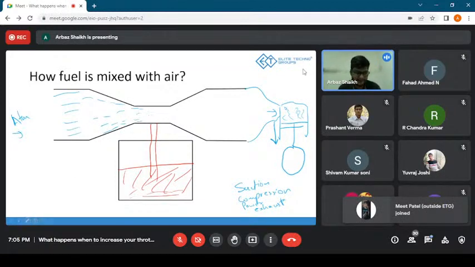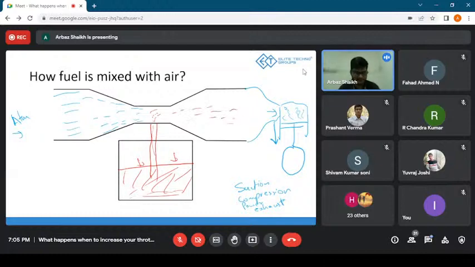Because the pressure is decreasing, the atmosphere will press down on the fuel and it would rise up over here, and you'll find some molecules of fuel coming out like this. From this point on, there'll be some molecules of fuel going into the engine, and the rest of the molecules will be air, and this will be mixed within the Venturi, within the carburetor. And this mixture of air and fuel will be provided to the engine, okay?